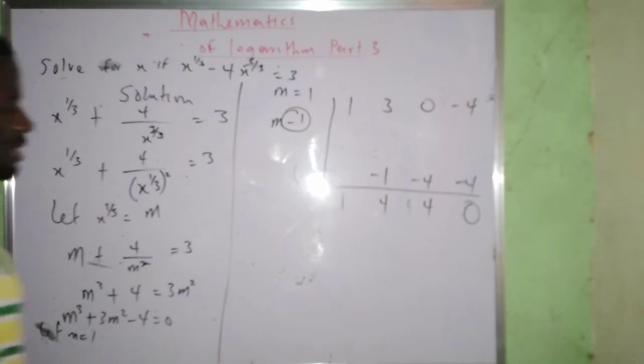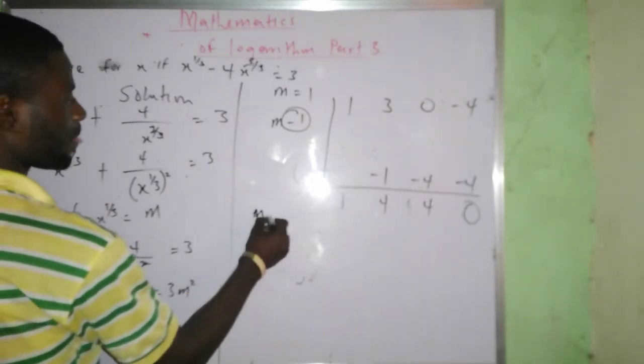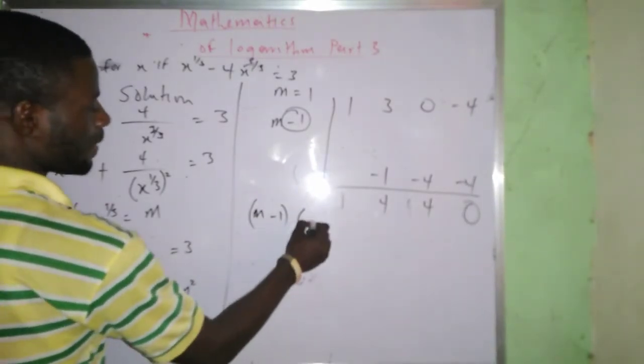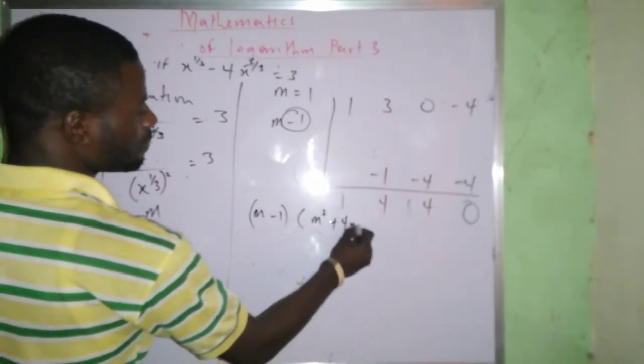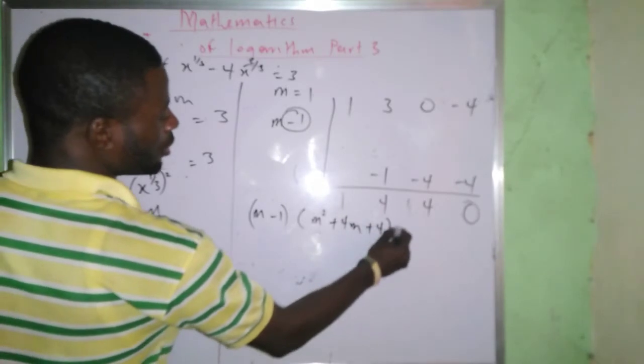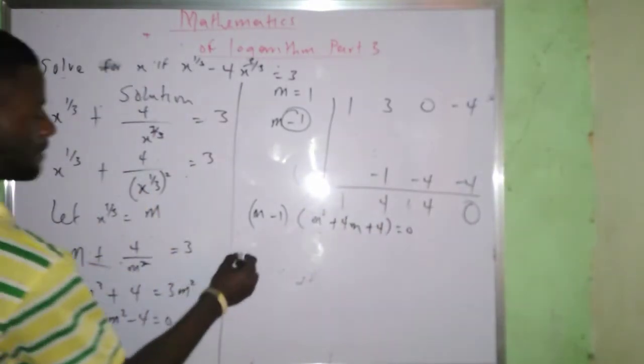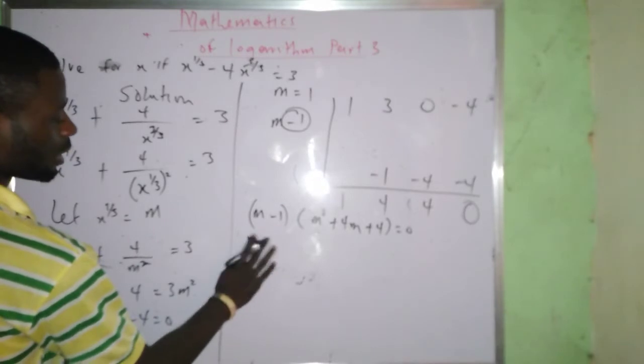Now, since I have this, I can say my m minus 1, my m squared plus 4m plus 4 equals 0.